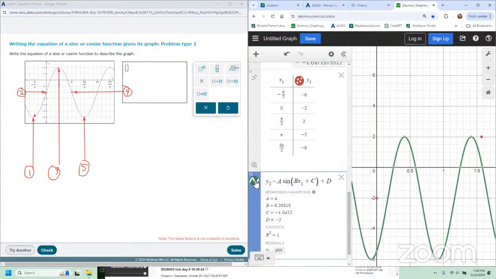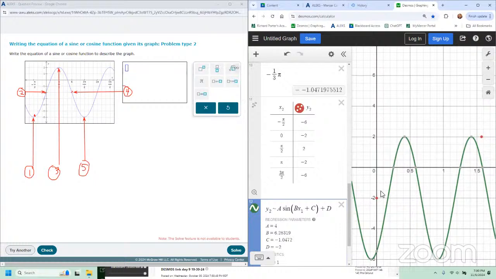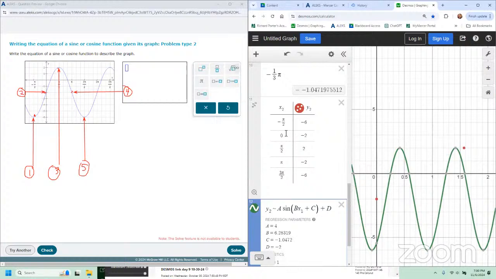Oops, I have the green graph. The green graph doesn't go through any of those red dots. I put the red dots in. Let me just double check. Minus pi over 2, 0, pi over 2, pi, 3 pi over 2; -6, -2, 2, -2, -6. They look good.